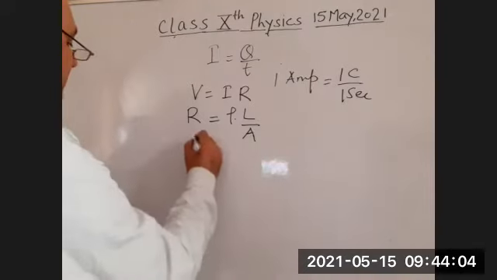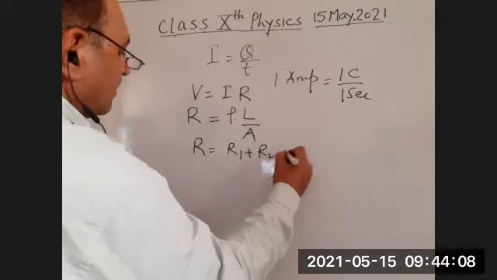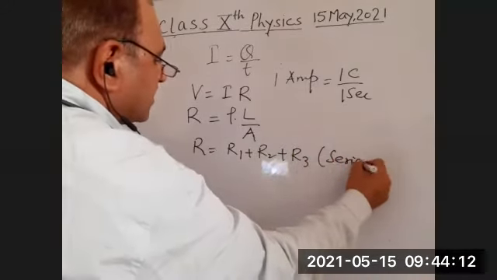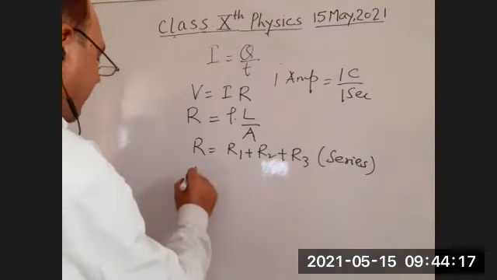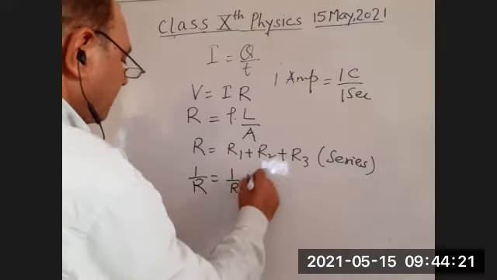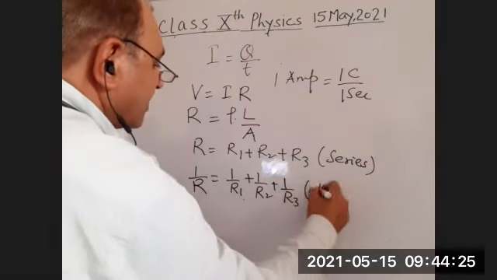Now resistance in series, R is equal to R1 plus R2 plus R3. Next one is when in parallel, 1 by R is equal to 1 by R1 plus 1 by R2 plus 1 by R3.